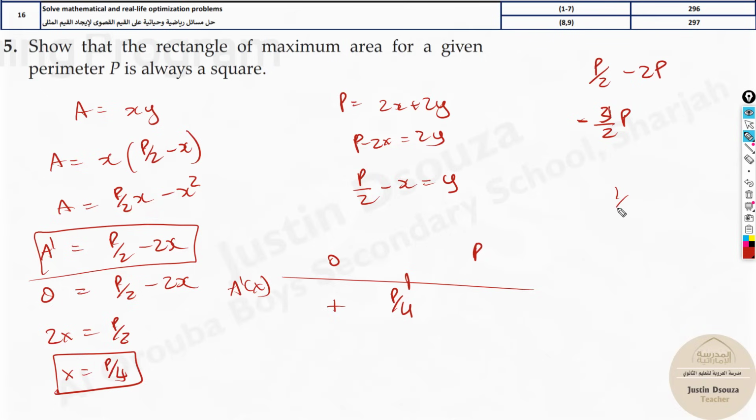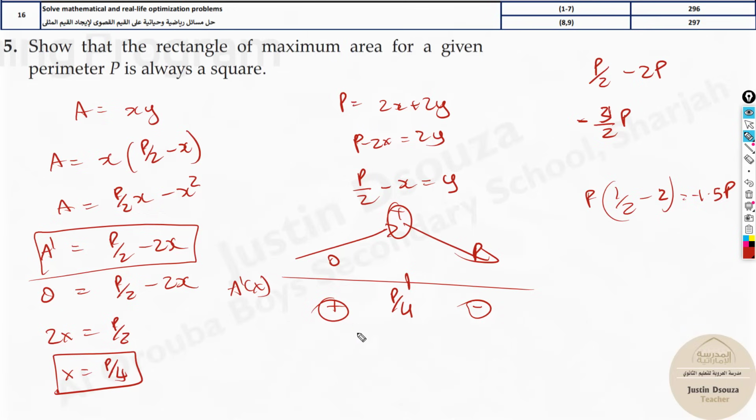You can just do 1 by 2 minus 2. That is negative 1.5. But we have P on both sides, so we write P outside. So it's minus 1.5P. So it's minus here, plus here. So what happens? It increases, then decreases. So it's maximum area, right? So at P by 4, we get maximum area.